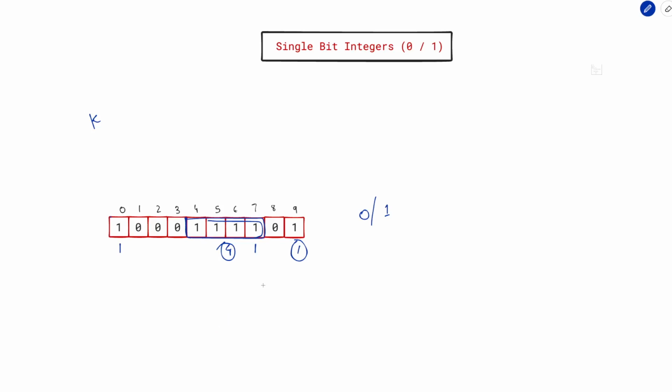So if the count of 1 is greater than or equal to k, the answer would be 1. If the count of 1 is less than or equal to k, the answer would be 0, right? Again, all of this is subject to the fact that there is at least one 0 in the array.